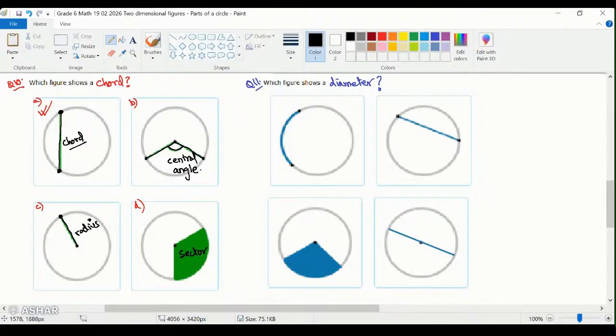So the first shape, option A, option B, option C, or option D. No problem. We are looking for a diameter. And we know that a diameter is a line that touches the circle internally at 2 points. Agreed? So what should be the diameter?